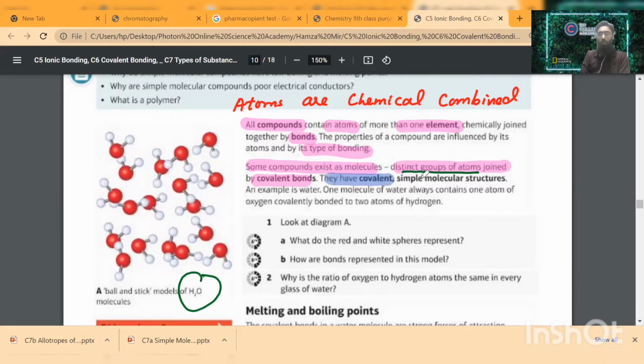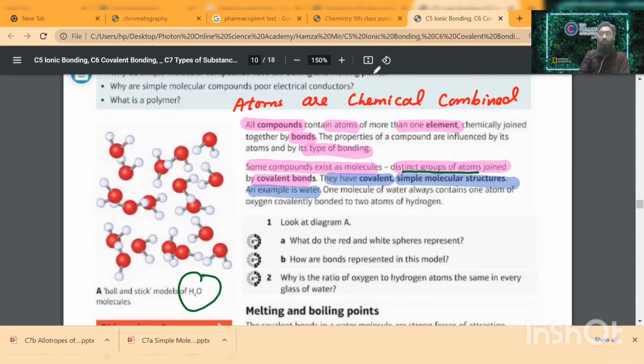They have a simple covalent molecular structure. It means covalent compounds have a simple molecular structure. An example is water. Water is one of the best examples of a covalent compound having a simple molecular structure.